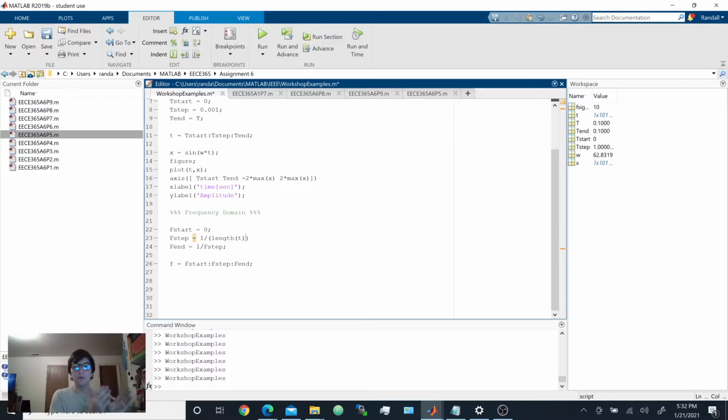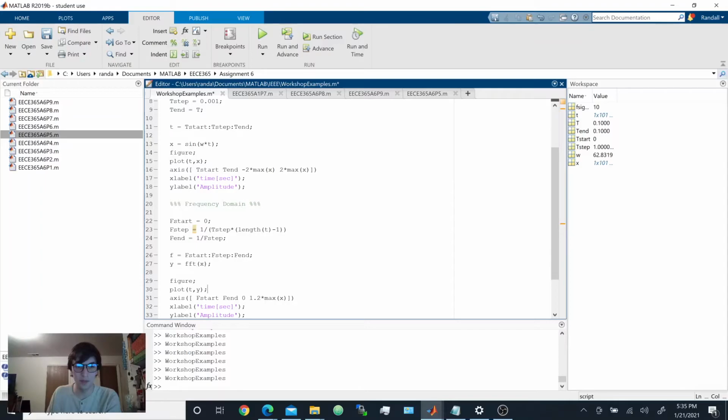We don't want to see below 0, because I'm going to take the absolute value, so we don't need y to be below 0. I'm going to do 1.2, so 120%. T start to t end is wrong now, so it needs to be f end. I could make this f start, sure.